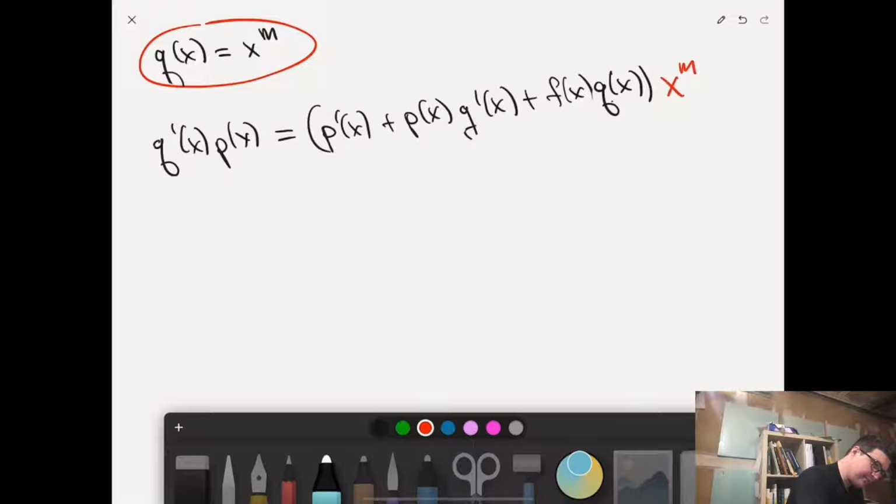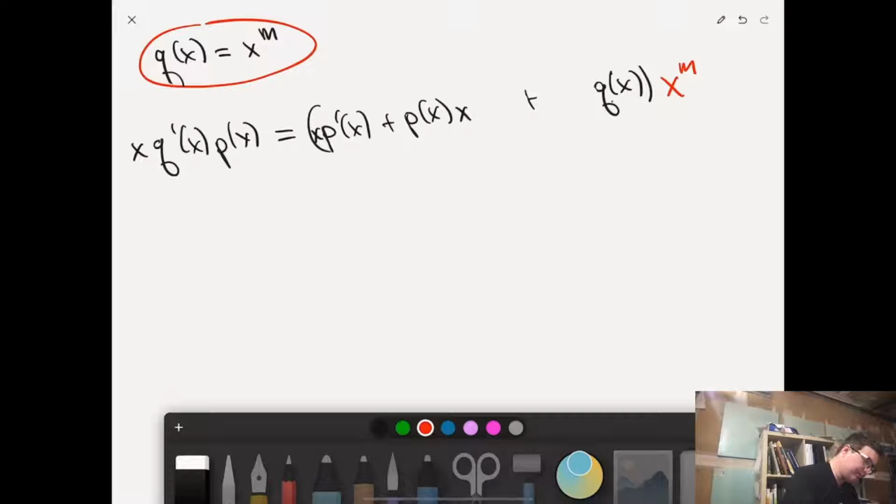This is x to the m. We have this f and g. Okay, so it's not quite the formula we want. This was 1. And then we had an x over here. You get an x, and you get an x, and you get an x. And put the x over here. And this f goes away. Okay. So then this looks like that.